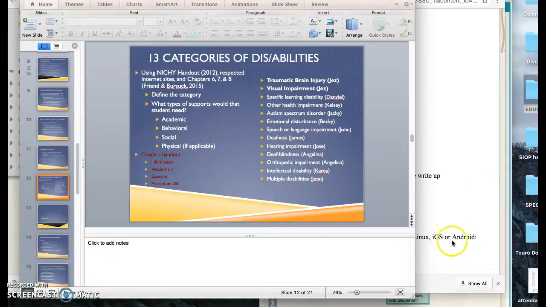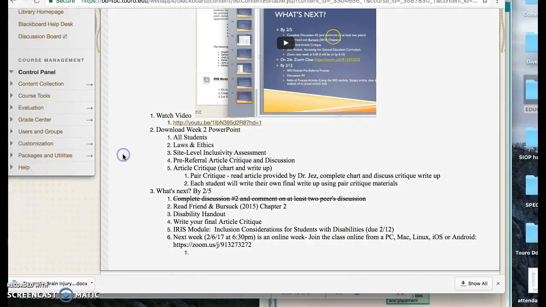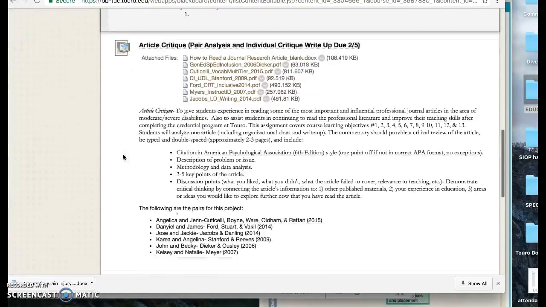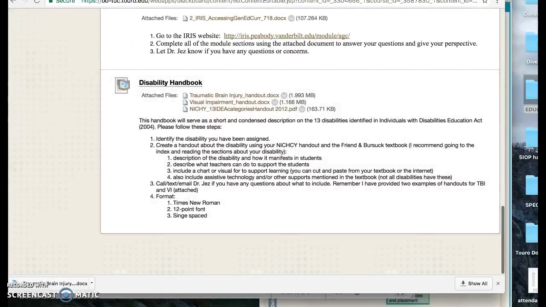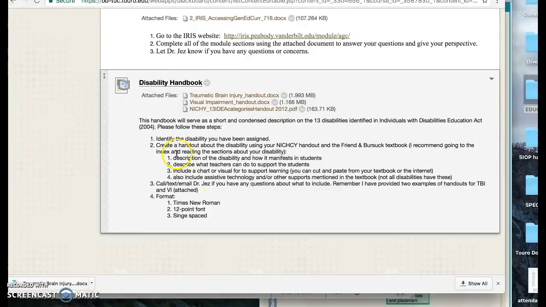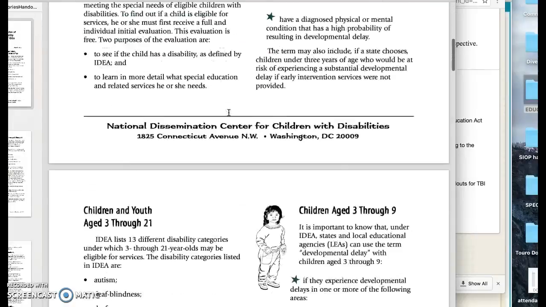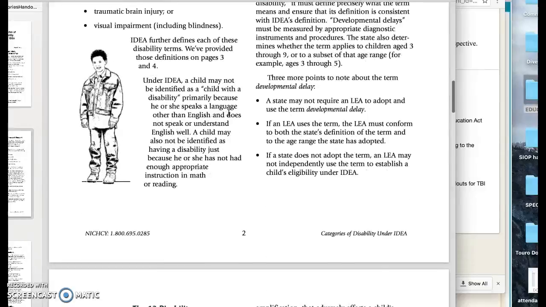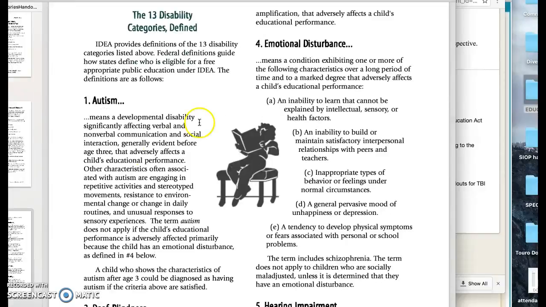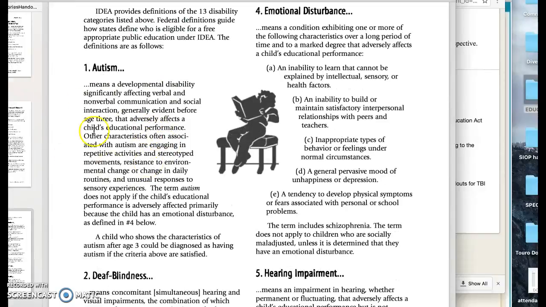Now, for here, I'm going to switch back over to Blackboard. You can see that I created this place where you can turn in your handout. As a guide, I have the NICHCY categories of disabilities under IDEA, which is a really helpful handout on all the different disabilities, and it gives you a really brief definition.